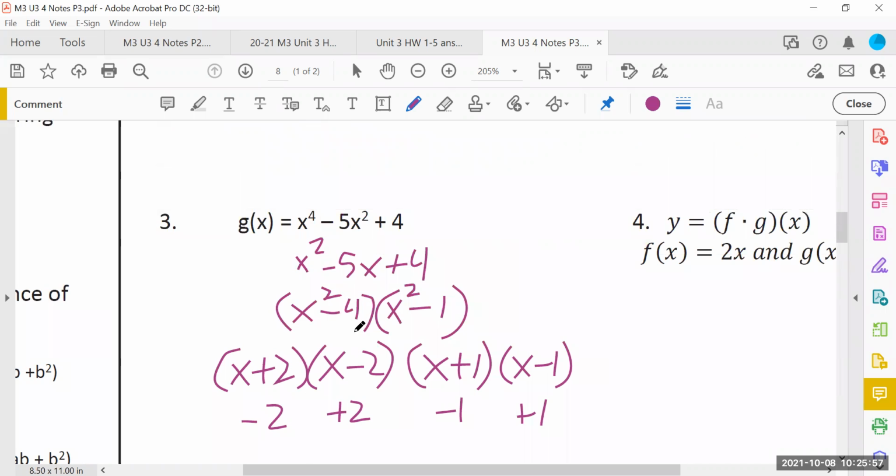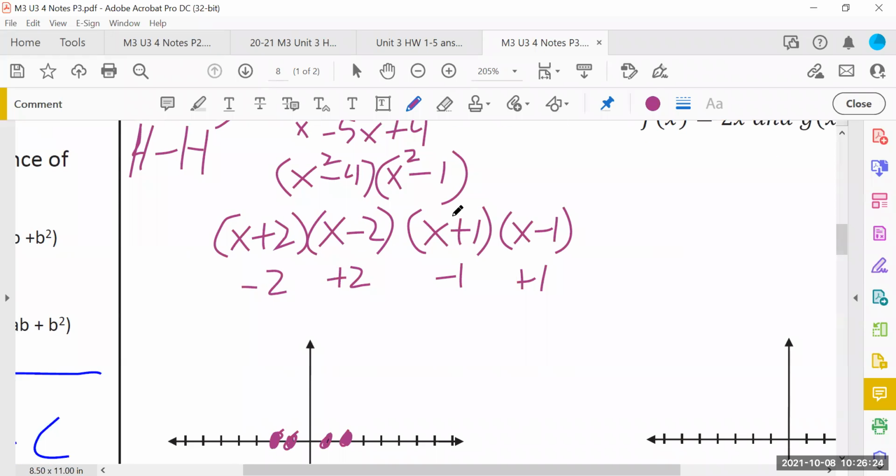And everybody, these two things are actually easier to find from the original one, right? This is my highest degree, and that tells me high end behavior. This is actually going to be my y-intercept, because if I put in 0, 0 to the 4th power minus 5 times 0, all of that's 0 plus 4.